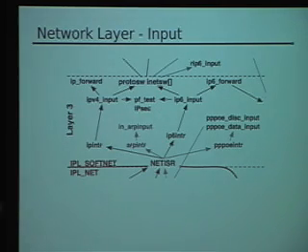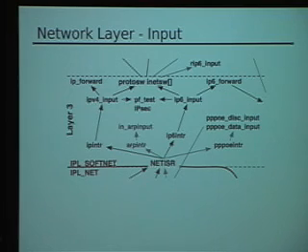So in most cases, it's IPv4 input or IP6 input. And these functions will then start reading the packet, figuring out if it is actually a valid packet. And one of the first things they will do afterwards is calling PF test to do the input firewalling. The next thing they will do is figuring out if this packet is for a local host, for the machine itself, or if it has to forward it.